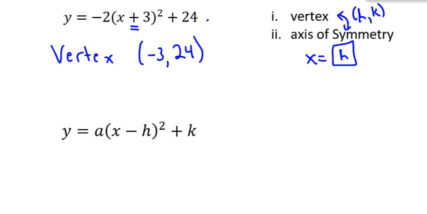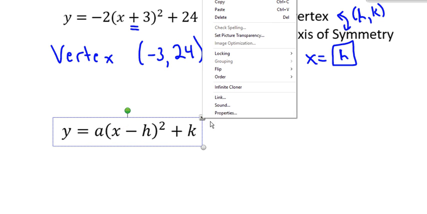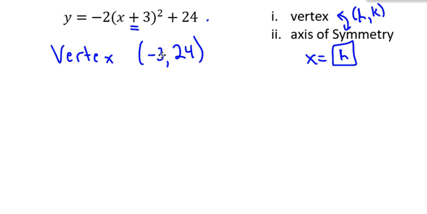More importantly, it's probably better to discuss that the reason why -3 is so important is because -3 is the value that, if I sub in for x, would make this bracket 0. And 0 squared is important because if I had, say, 2 squared, the answer is 4.